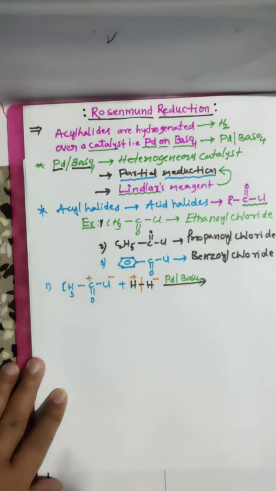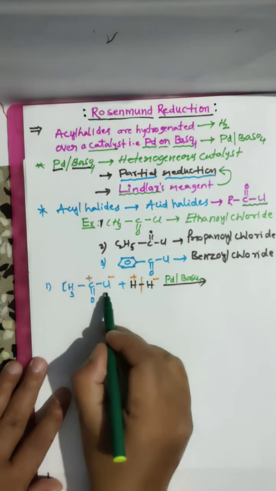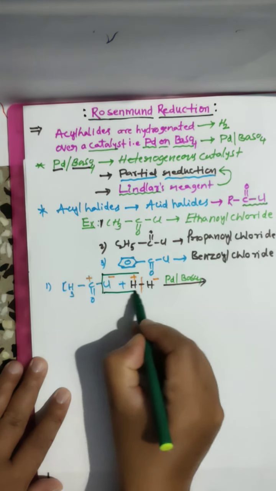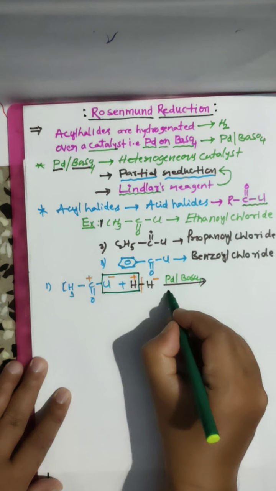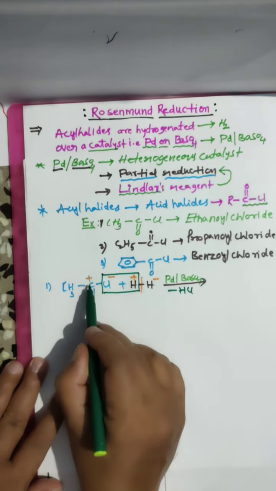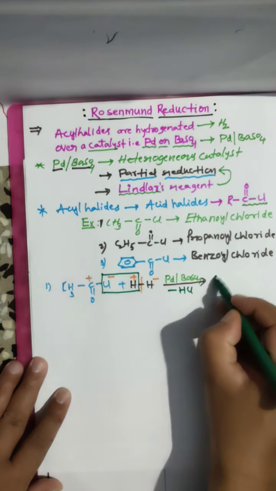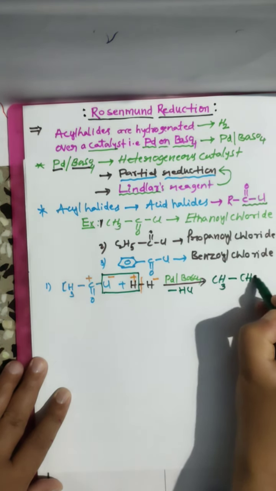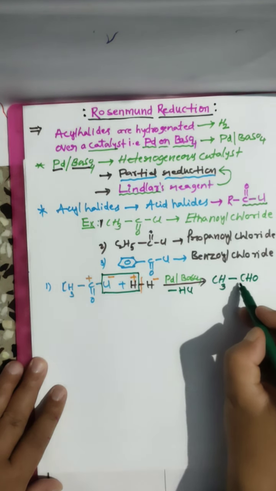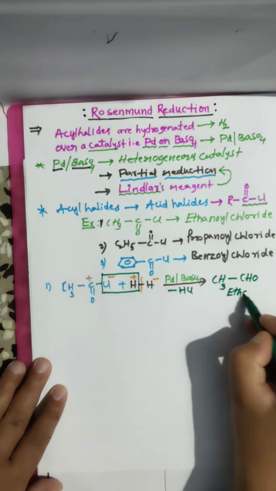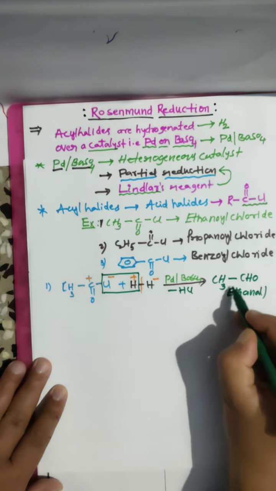This hydrogen plus and this chlorine minus give HCl. So we are removing HCl. This minus will attack on this plus. Then you get CH3CHO, which we call acetaldehyde or ethanal.